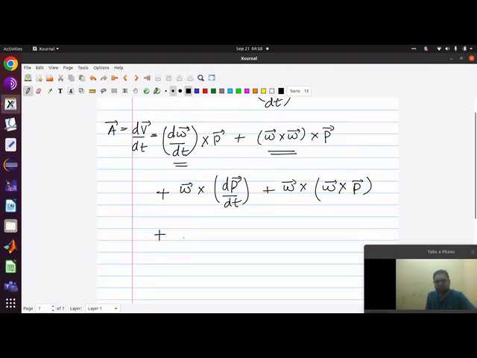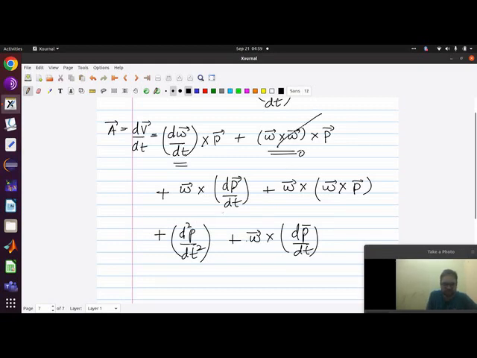Okay. And the third one, plus omega cross dp by dt plus, what did I do? Now, first we're doing the magnitude and then the direction, right? So let us keep it in that same sequence, to avoid confusion. Okay. d square p by dt square plus omega cross dp by dt.